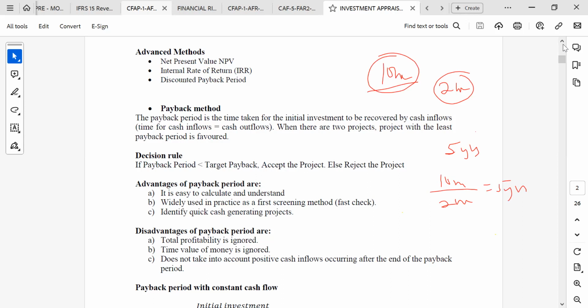The payback period can be calculated in 2 ways. We have the constant cash flow. So if your cash flow is constant, how do we calculate the payback period?